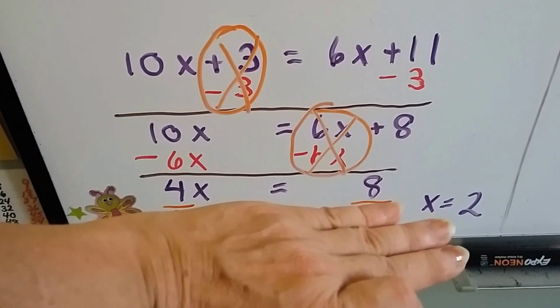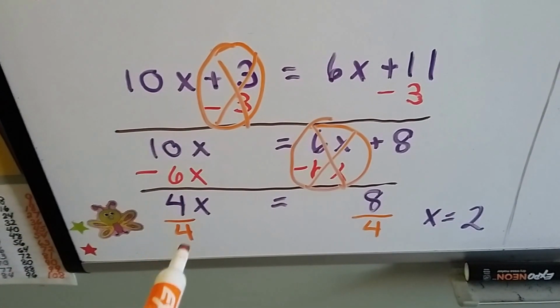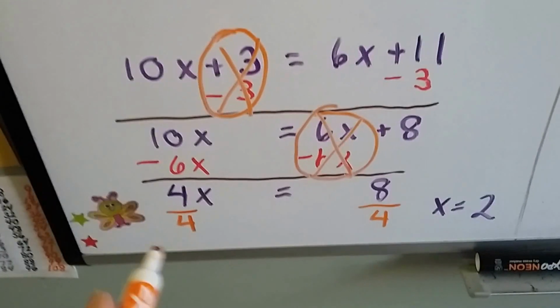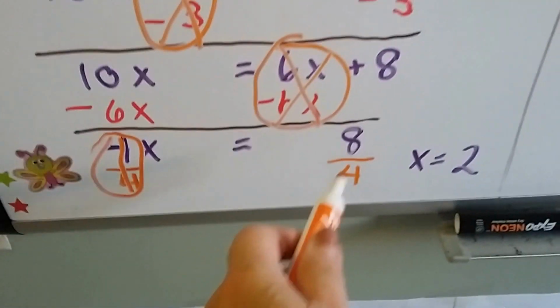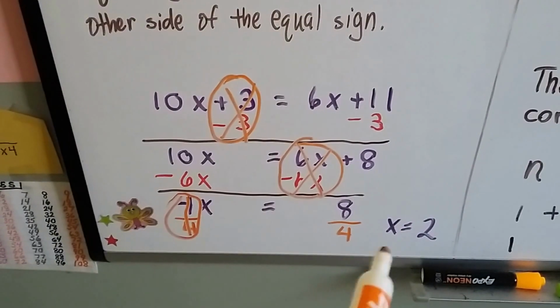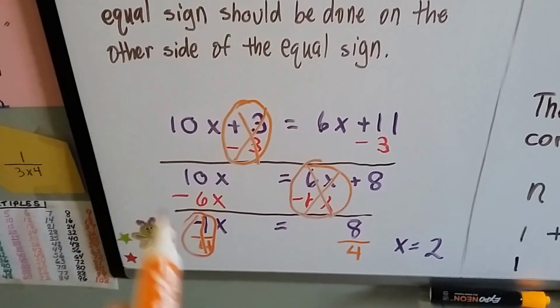Now, because 4x is a multiplication problem, 4 times x, we divide as the inverse to both sides. 4 divided by 4 is 1. There's our friend the invisible 1. And 8 divided by 4 is 2. This whole equation came out that x is equal to 2. See? Just kept doing inverse operations back and forth.